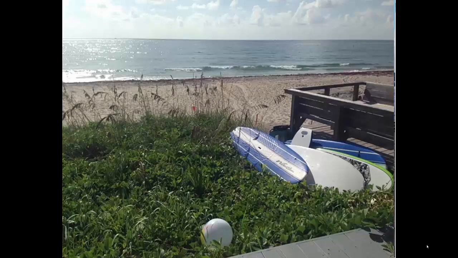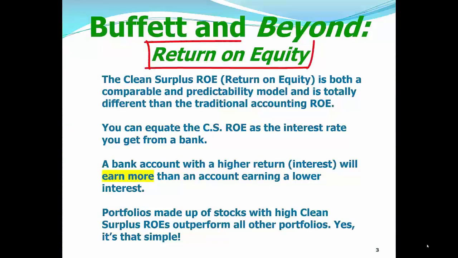Now remember folks, the clean surplus return on equity is both a comparable and a predictability model and is totally different than the traditional accounting return on equity. So don't get them mixed up. And you can equate the clean surplus return on equity as the interest rate you get from a bank. So this is common sense now.